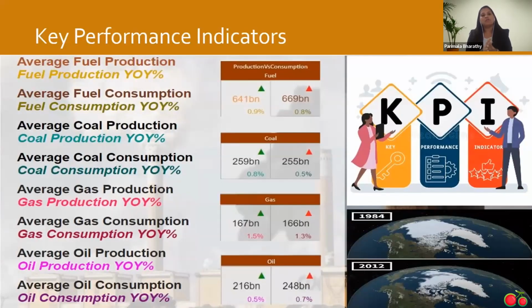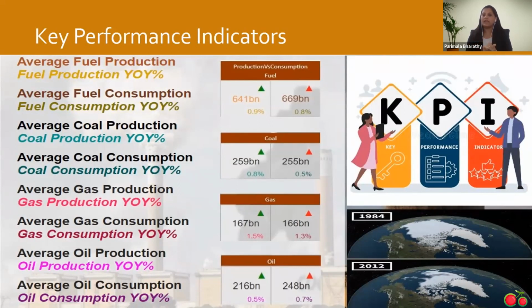Coming to the key performance indicators, the main KPIs in my reports include the average production and consumption for fuel, coal, gas, and oil, with sub-KPIs for the year-over-year changes in production and consumption of each.